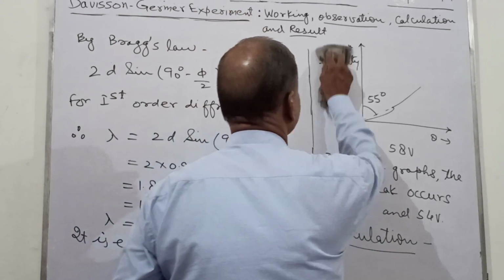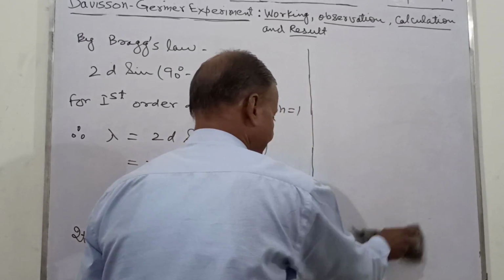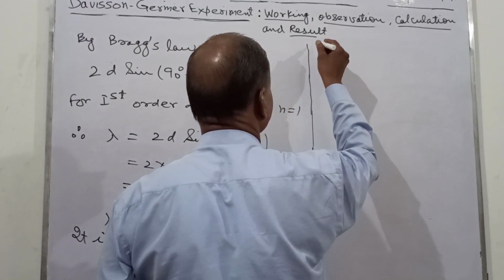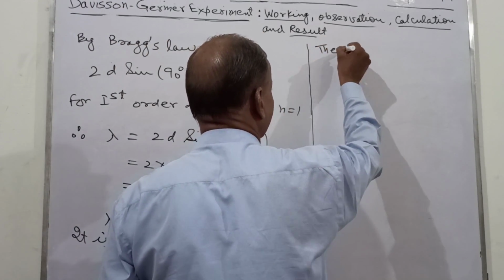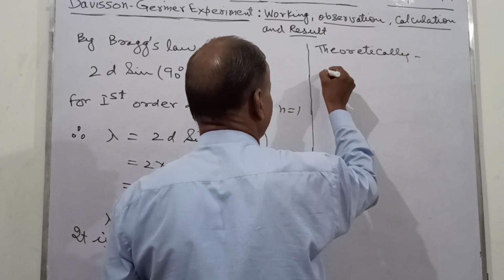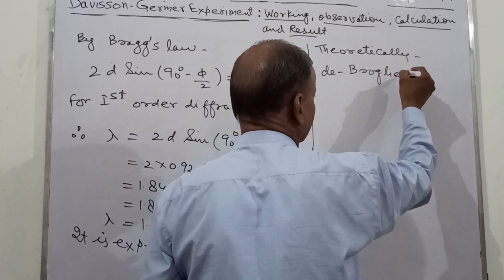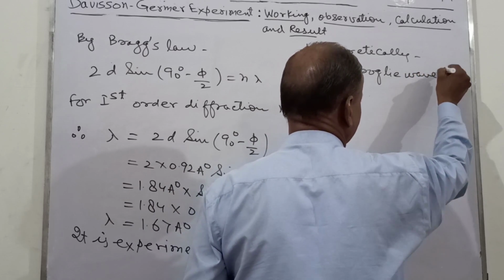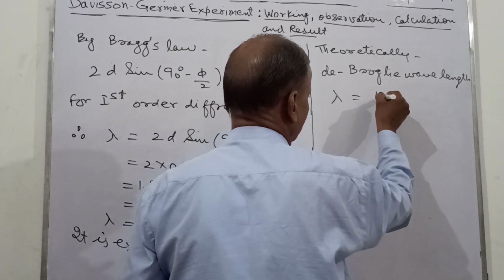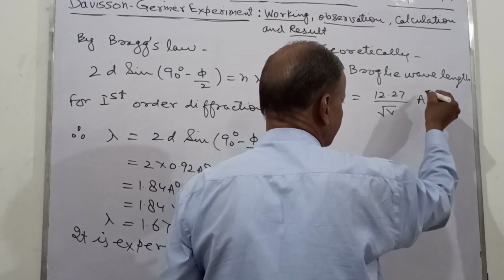Now theoretically, the de Broglie wavelength is λ = 12.27 upon square root of V angstrom.